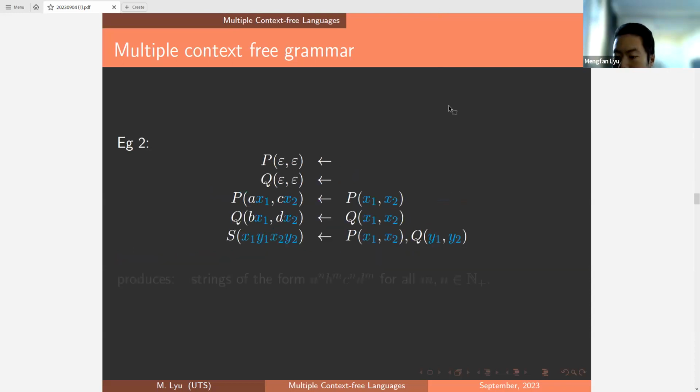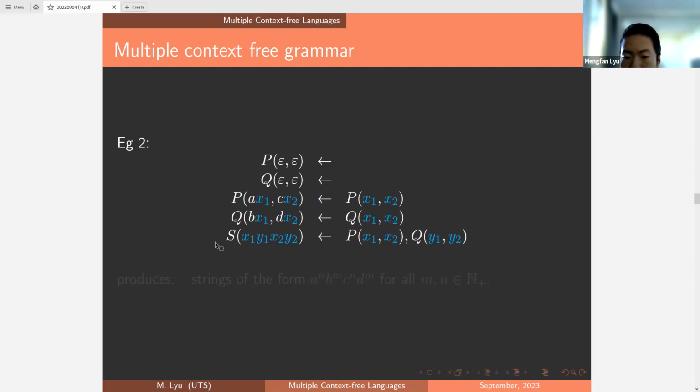There is another example. If we start from nothing, and then we define P and Q, we need two variables for P and two variables for Q, and we just put a and c on the left of x1 and x2, and then b and d on the left of x1 and x2 here.